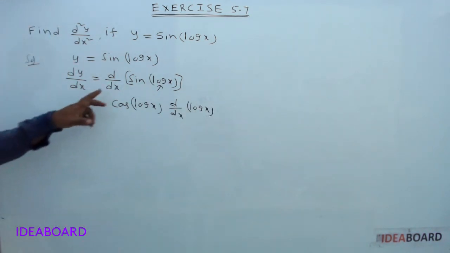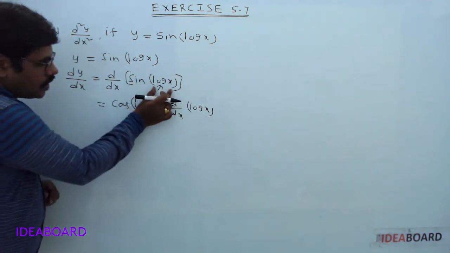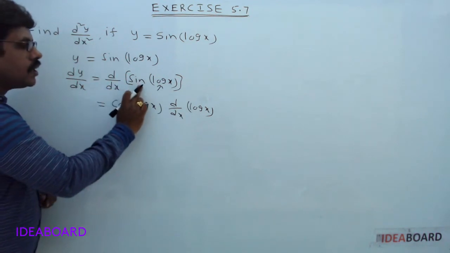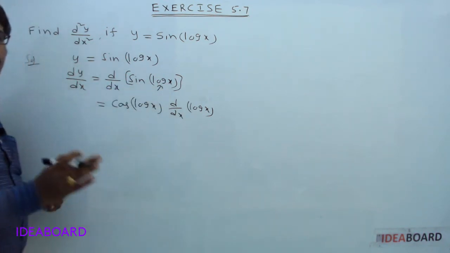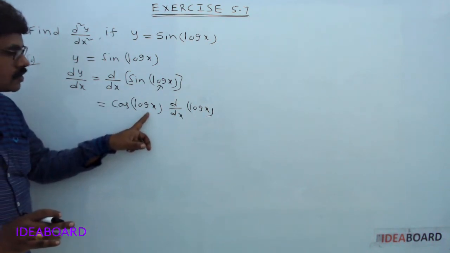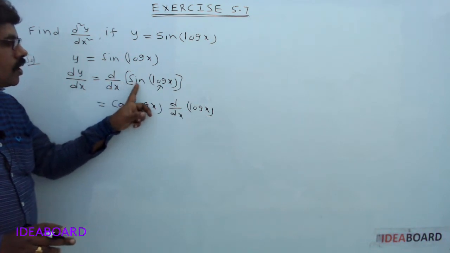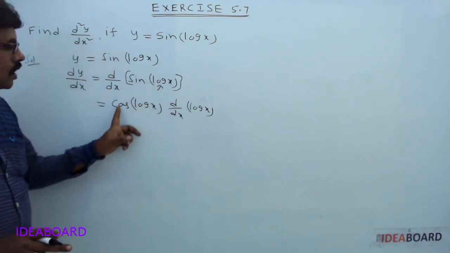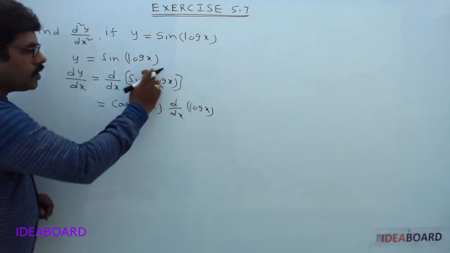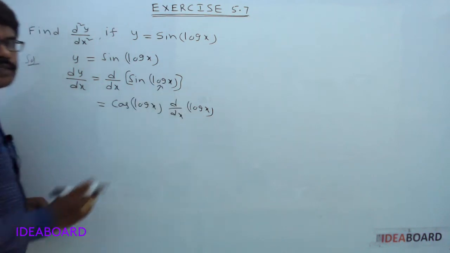See once again, derivative of sine of log x. If you consider log x as x, it is of the form d by dx of sine x. The derivative of sine x is cos x. Our x value is log x. So the derivative of sine of log x is cos of log x into the derivative of the angle of the sine function, that is the derivative of log x.